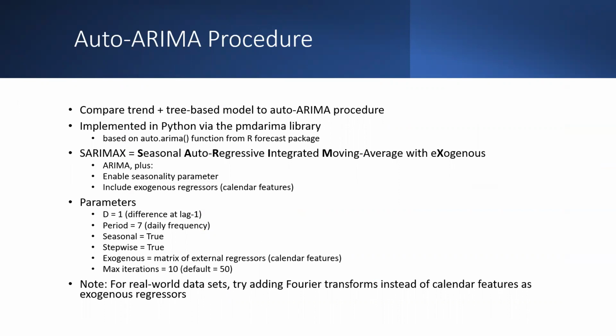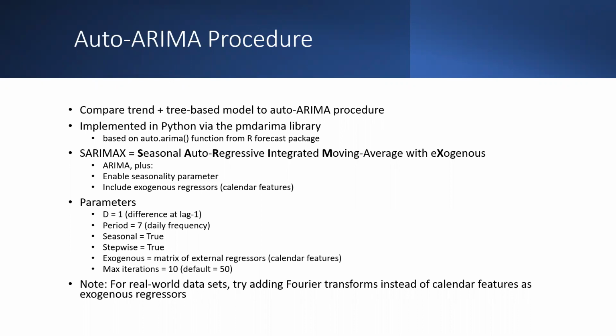One note on this, I'm certainly not an ARIMA expert, but I've read and heard that it can be useful for this particular implementation to use Fourier transforms instead of the raw calendar features like integer values. It's essentially a sine, cosine, or equivalent type of exogenous regressor.